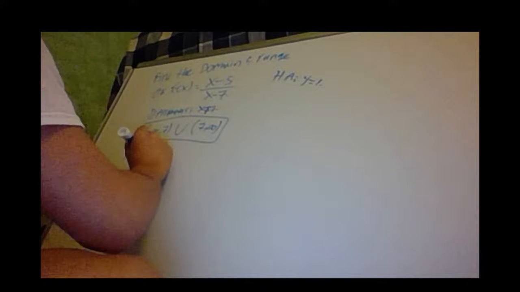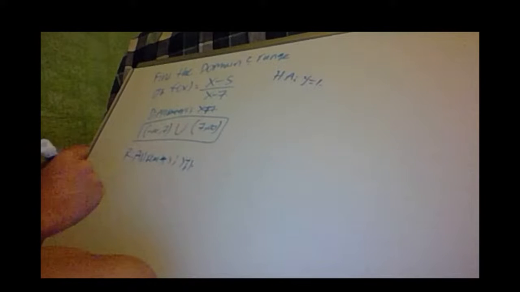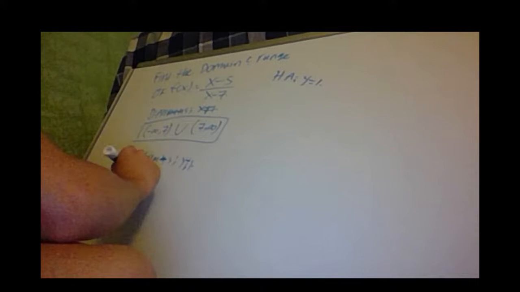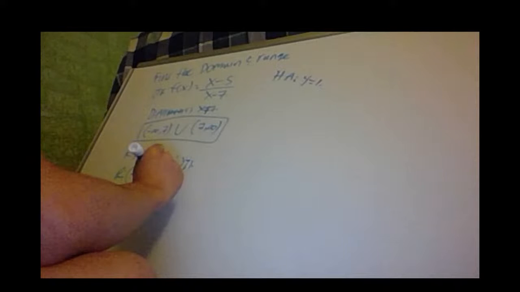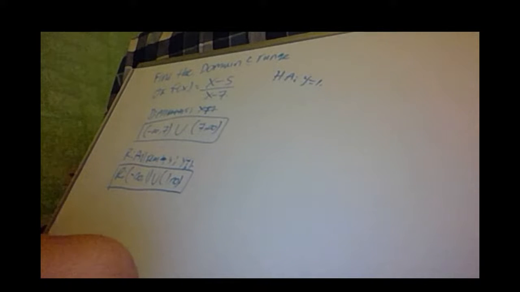So the range is all real numbers such that y cannot equal 1, right? So the range is going to be negative infinity to 1 union 1 to infinity.